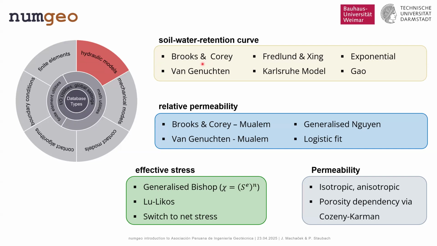And for that, we implemented the industry standard models like Brooks and Corey, van Genuchten, Fredlund and Xing, which are well suited for single wetting or drying curves. But we also have models like the Karlsruhe model or Gao model, which also take care of hysteresis during cyclic drying and wetting, and also incorporate the effect of the change in the volume or void ratio during these cyclic drying and wetting curves.